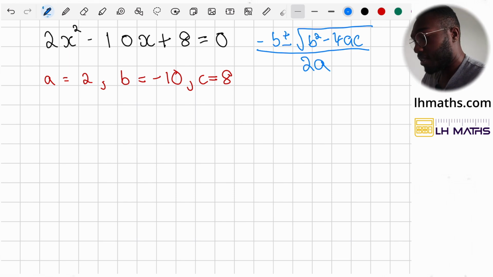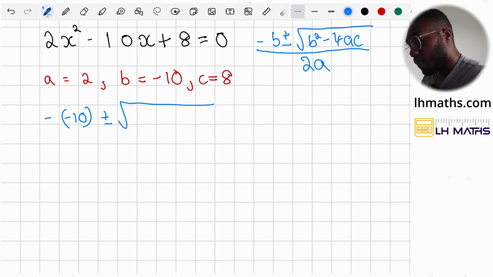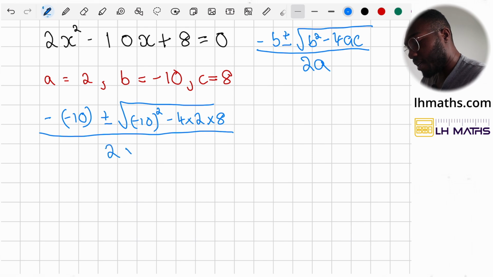So if we do that, we get minus b, so minus minus 10, plus or minus the square root of minus 10 squared minus 4 times 2 times 8, and that is divided by 2 times a, which is 2.